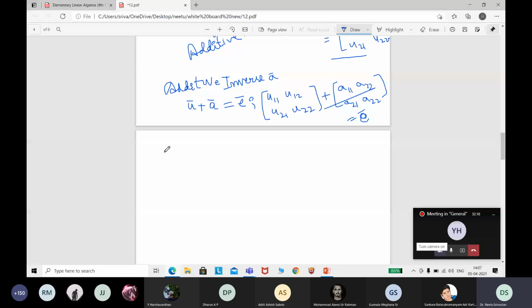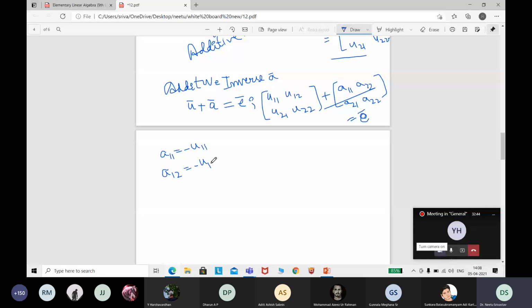Equating, you will get A11 is equal to minus U11, A12 is equal to minus U12, A21 is equal to minus U21.